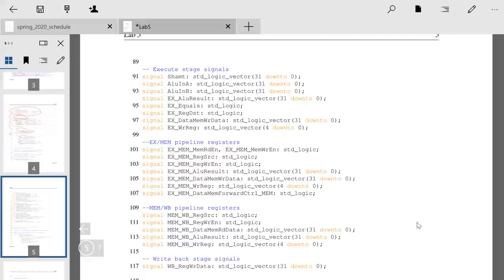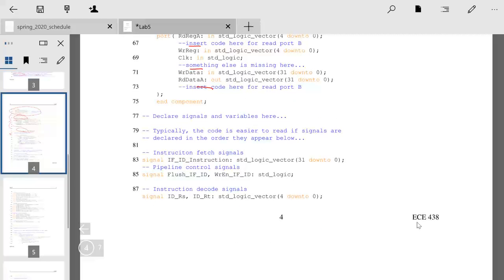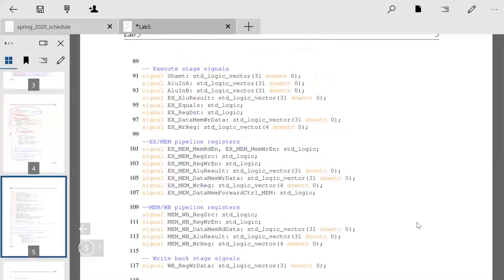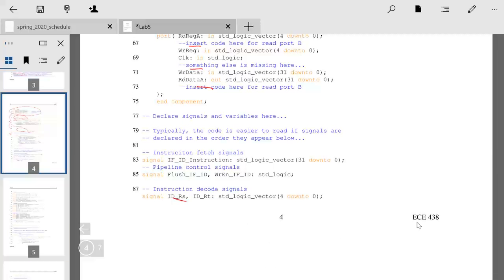Let's follow some of the signals starting in decode. We have IDRS, IDRT, and those are all the signals I defined for you in decode. But all of the signals that come out of your decoder need to be declared here, because you have to wire them up.